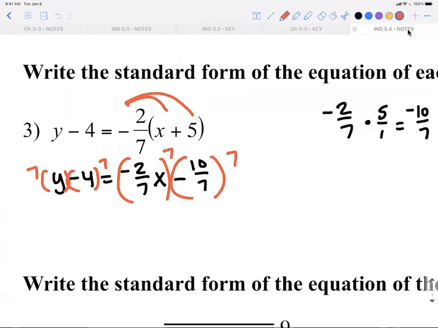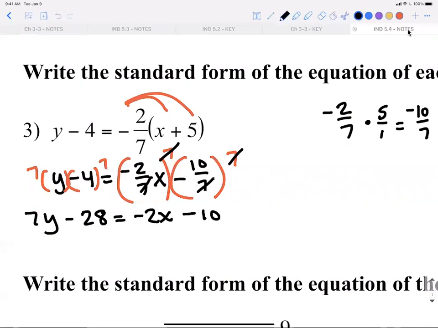Because I have denominators that are both 7s, get rid of them first. So what that leaves me is 7y minus 28 equals, cancels out, and I'm left with -2x, cancels out, and I'm left with -10. That looks a whole lot easier to start messing with.